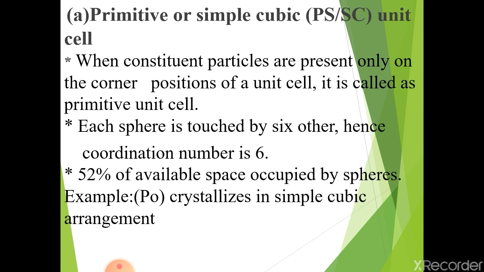The common example of this type of cell is polonium. Polonium was discovered by Madame Curie, and the name was given in honor of her country Poland.